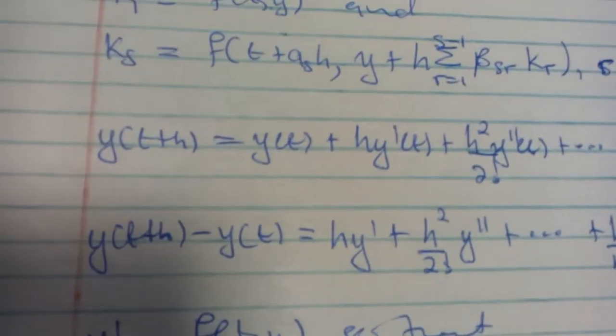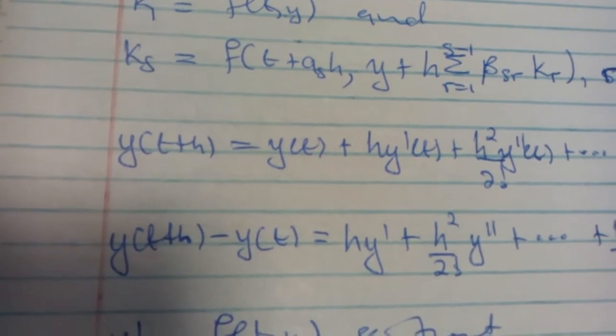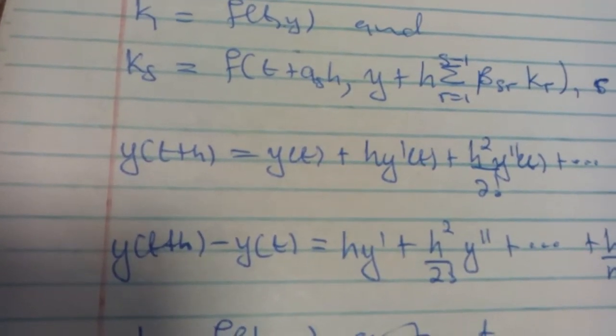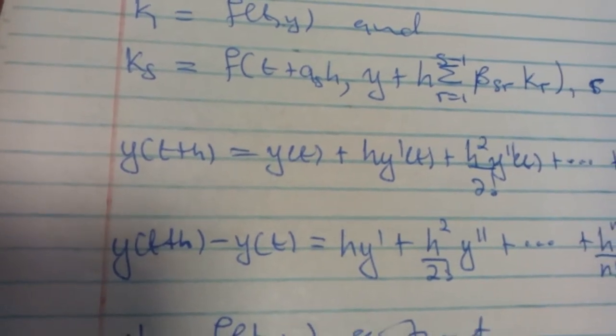Given this, what else do I need? Now I need to evaluate f double prime. For simplicity, let's evaluate y double prime.